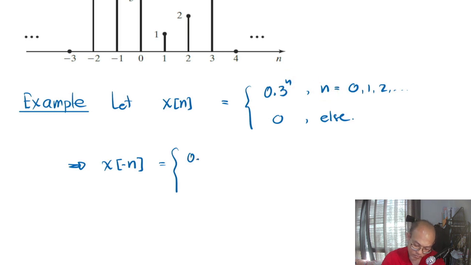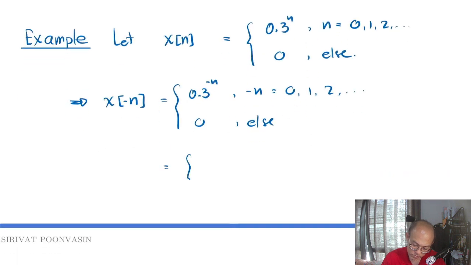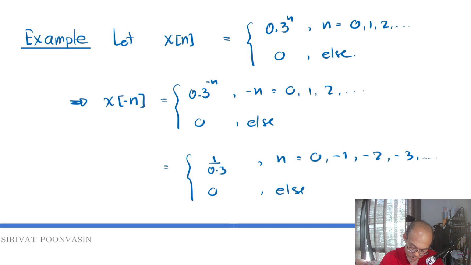You're going to get 0.3 to the minus n, where minus n is 0, 1, 2, and so on, and 0 elsewhere. So 0.3 to the minus n is 1 over 0.3, which is about 3.33, to the n, where n is equal to 0, minus 1, minus 2, minus 3, and so on.